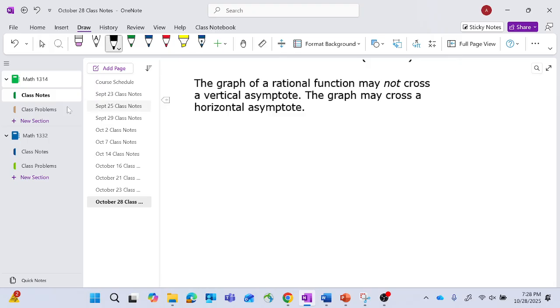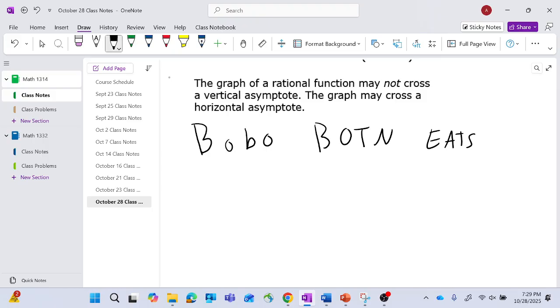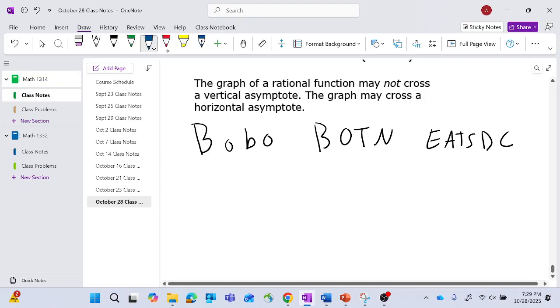What I would memorize is this really dumb acronym called BOBO, BOTN, EA DC. It's a very dumb acronym, but I learned it when I was in high school and it never left my mind, so it clearly works.